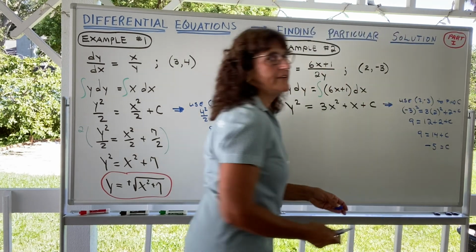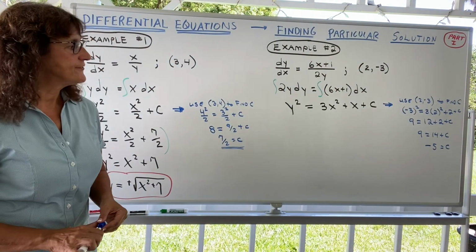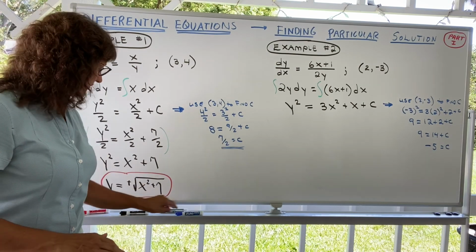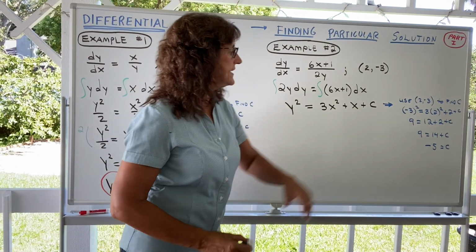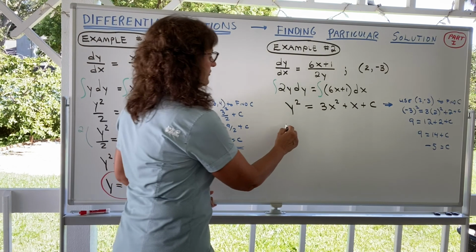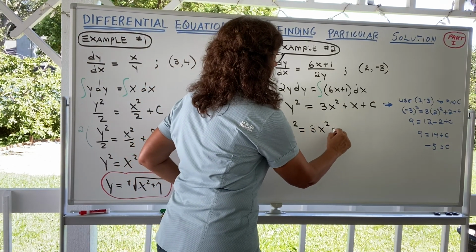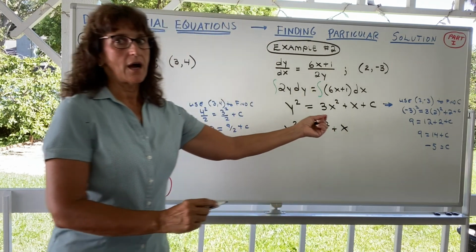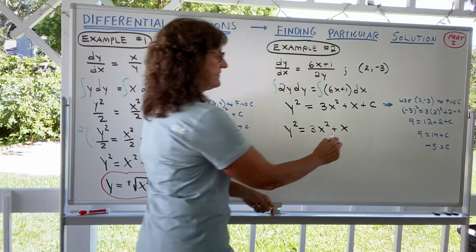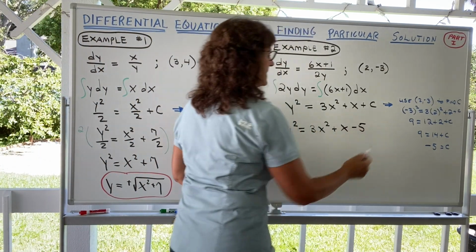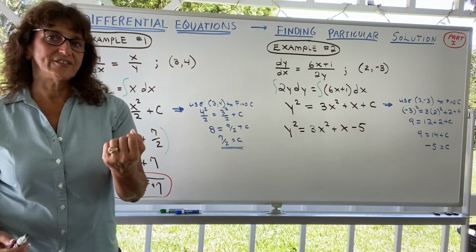So my constant of integration is negative 5. That's going to be substituted in right here. So we have y squared equals 3x squared plus x, and then my constant of integration is negative 5. All right, now we want to write our answer as a function.